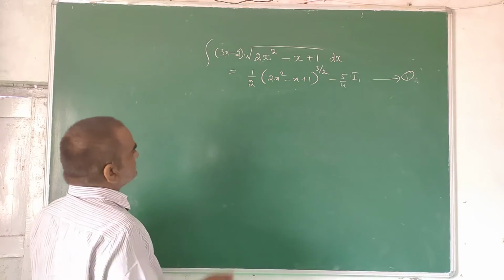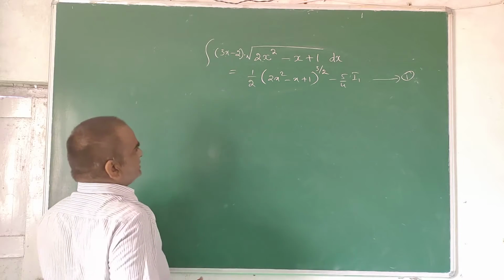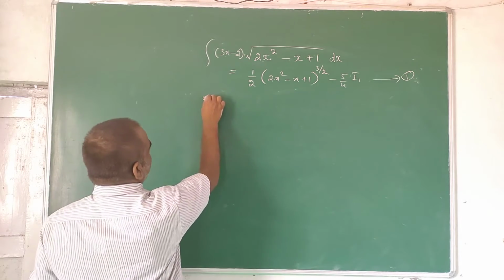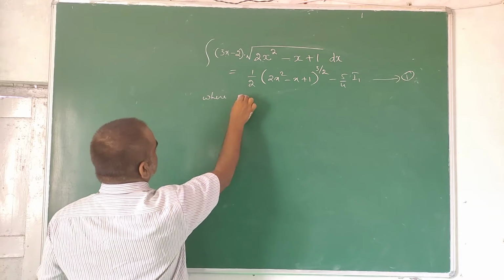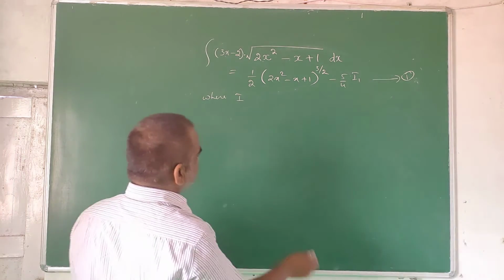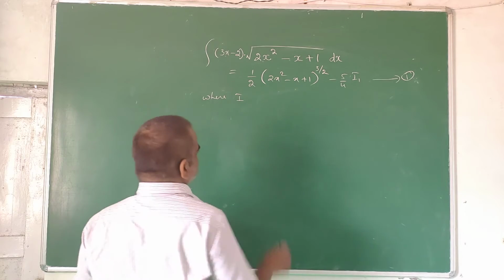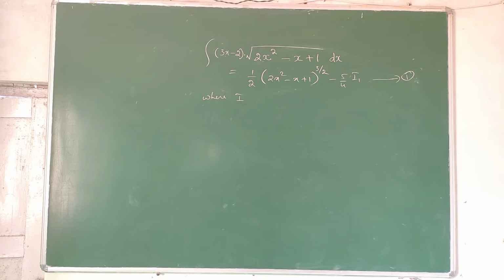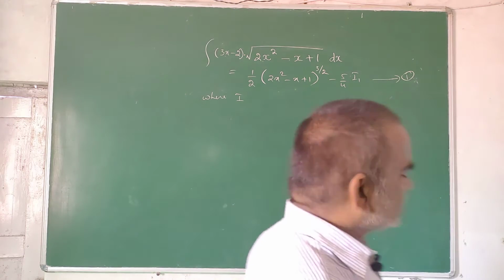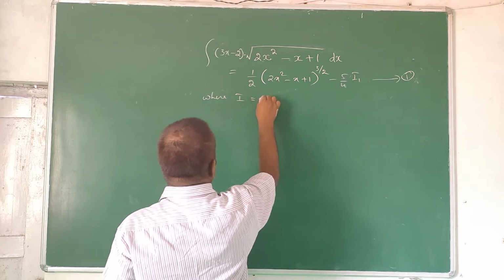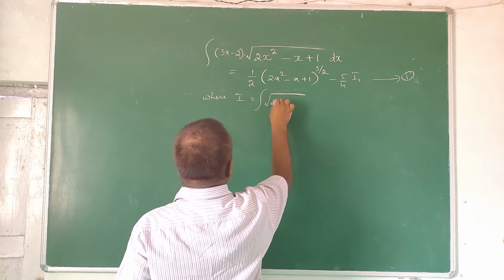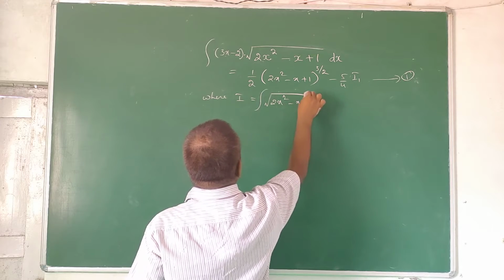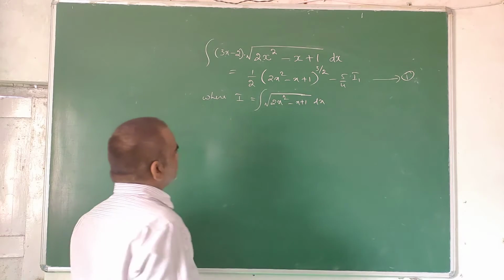So now this integral is equal to that. Now let us see what is I1. I1 is equal to integral root over 2x square minus x plus 1 dx.